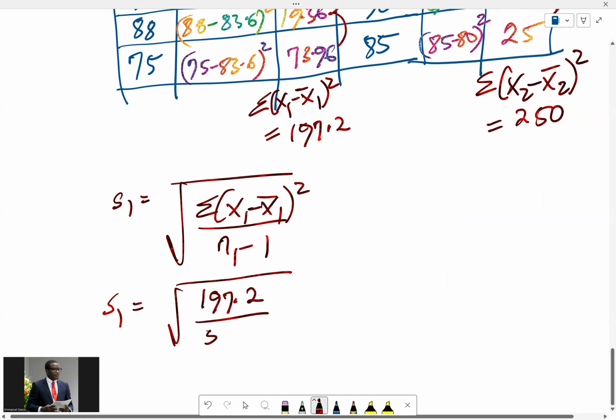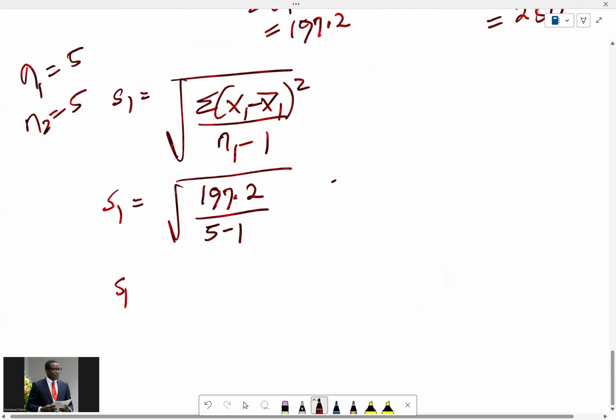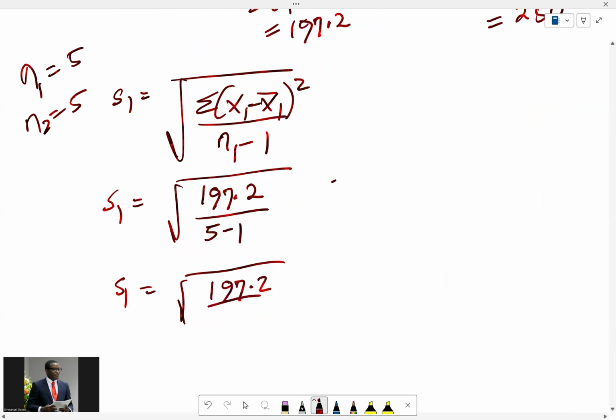That is 5 minus 1, because n1 is equal to 5, just like n2 is equal to 5. So S1 is equal to the square root of 197.2 divided by 4.